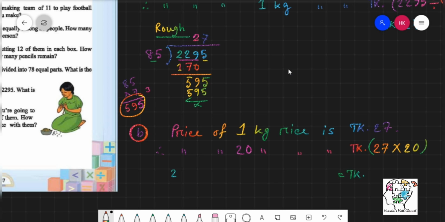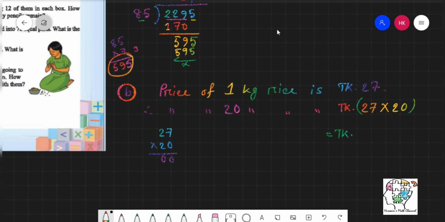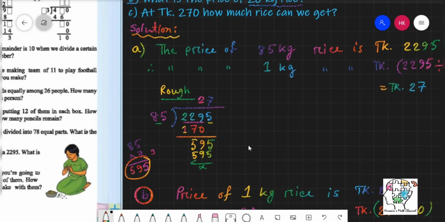You can do rough here, 27 and 20. So 0 times 7 is 0, 0 times 2 is 0, and also cross here, 2 times 7 is 14, and 2 times 2 is 4, and in hand 1, so 5. If we add all these numbers, we will get 540 taka. So the price of 20 kg rice would be 540 taka. So which completes our question number B.